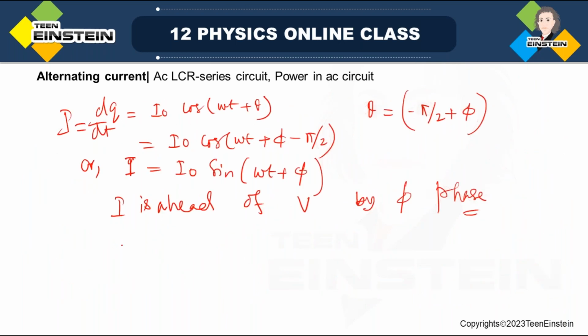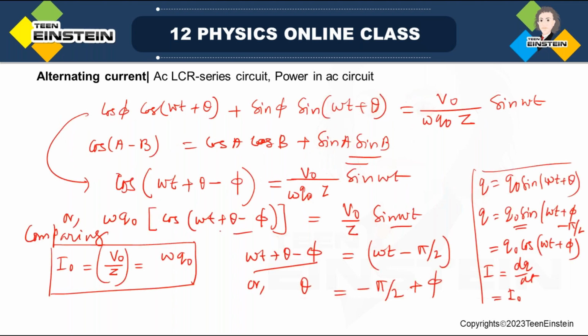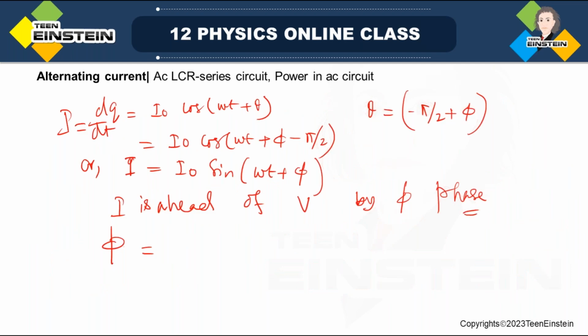All right, so what is phi here? If you remember what was phi, R by Z we have taken for phi. And here also the Z is taken as, first of all, what is I0?